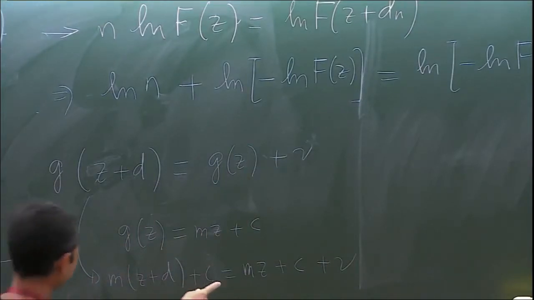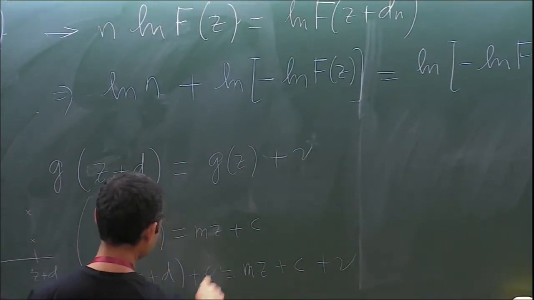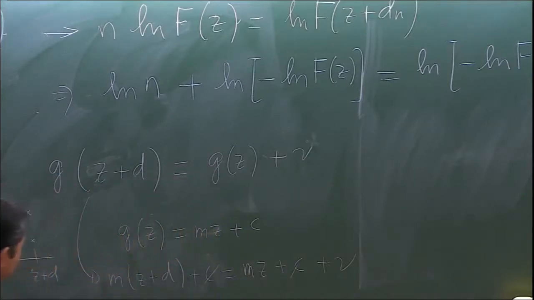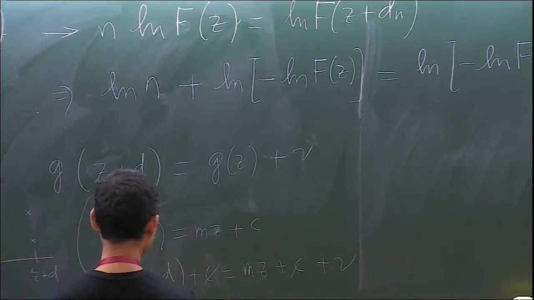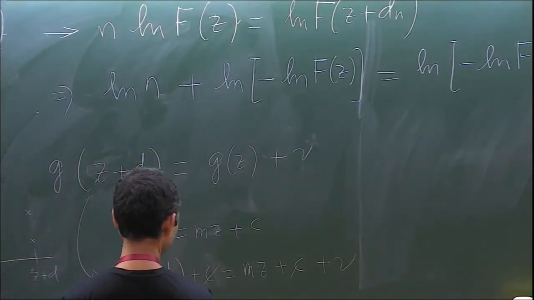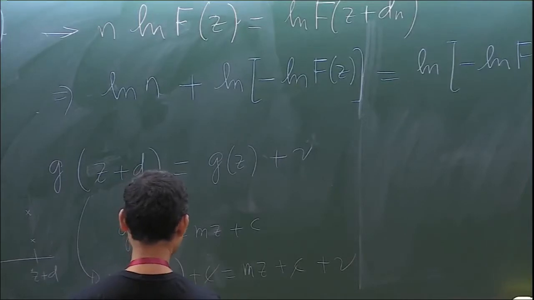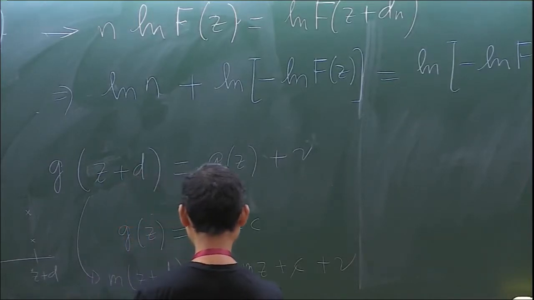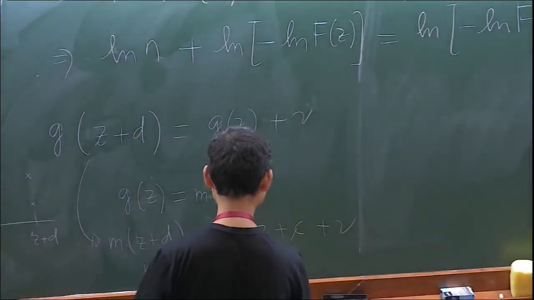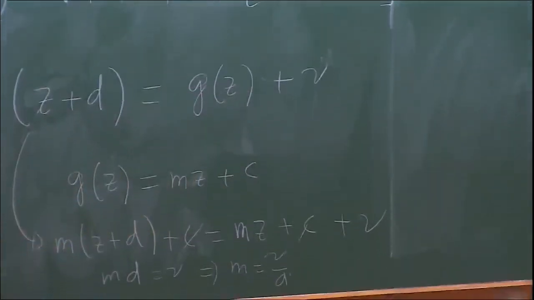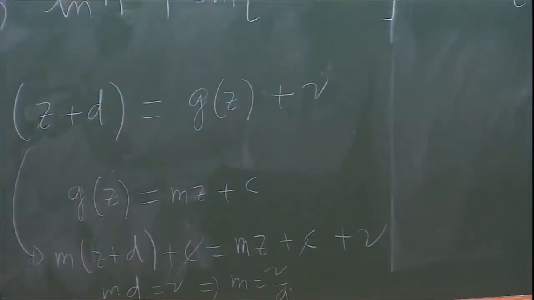So it would give you, okay, c cancels, basically c is still unknown, but it will give you m in terms of d and nu, right? It says that md, mz cancel, is equal to nu, so it says that m equal to nu by d. Okay? So this is the solution.